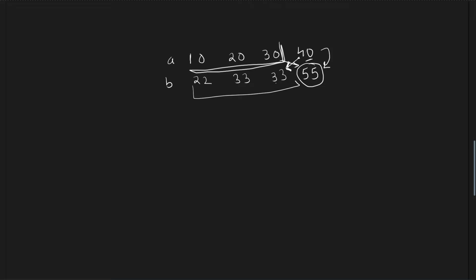If 40 is not allowed to touch these numbers, then the numbers in the array a should also not be allowed to touch 55, because if they touch 55, they can form the sum 55, but then 40 will have no place to go, and this way we cannot form the final array b. So we need to take care that if 40 cannot access these elements, then these elements in array a should also not access this particular element.